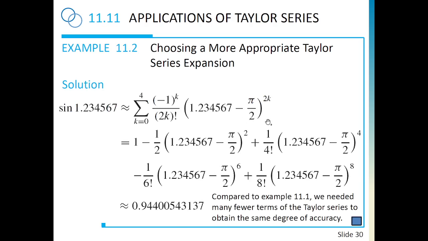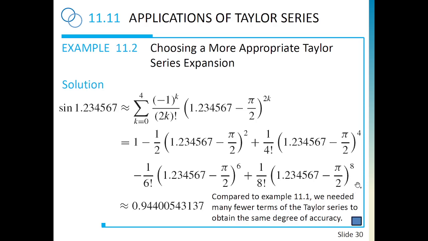So with k equal 4, we add the polynomial. Here 2 times k, that's the formula. So with k equal 4, we'll go to power 8. It's not a big deal. So basically, in this case, we get the same precision, same accuracy, but with fewer terms. Previously we needed from 0 to 7, now we need from 0 to 4.